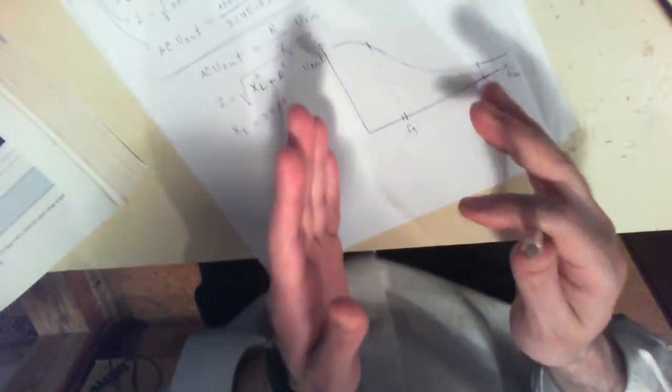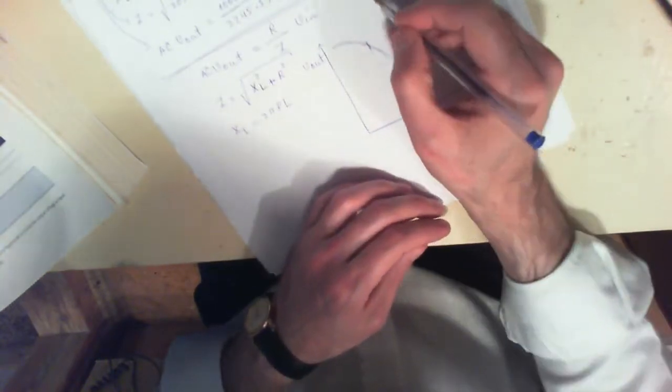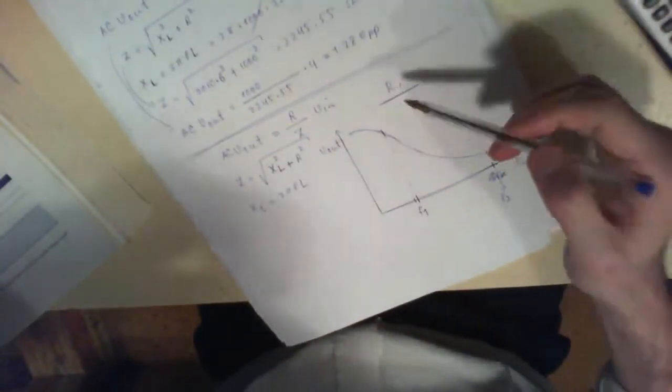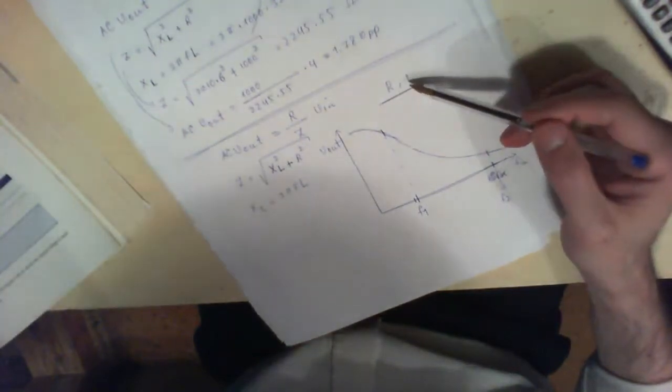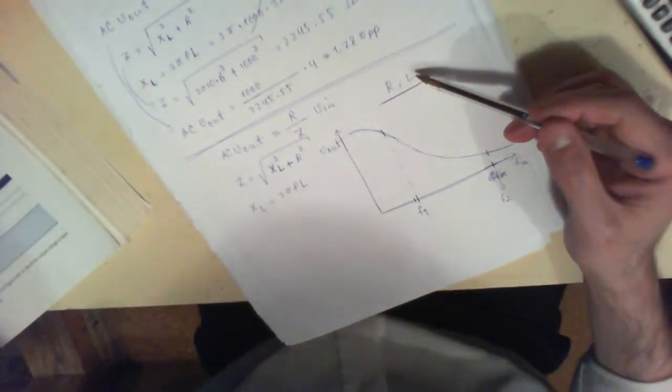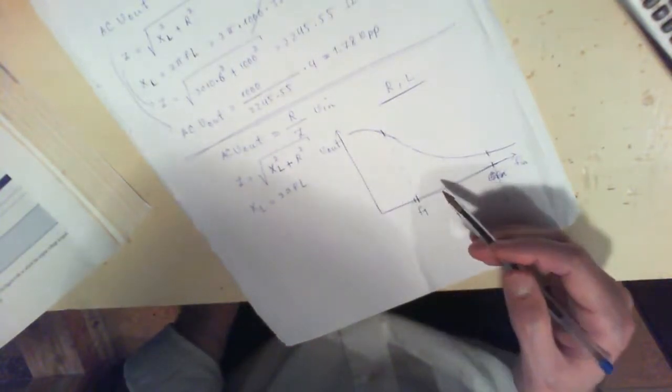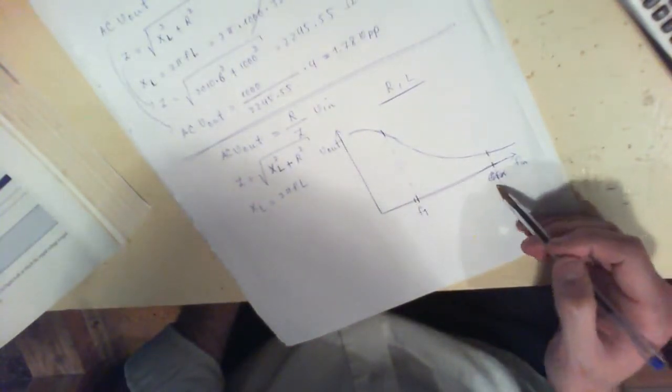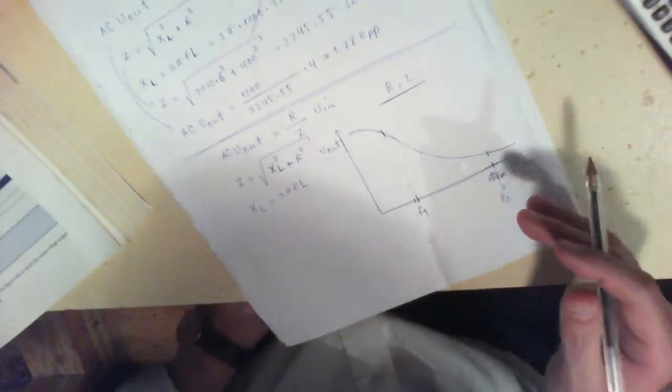by changing the values of your R and L in your circuit, meaning that you can play with your R and with L in such a way that you can move this point a little bit to the left or to the right.